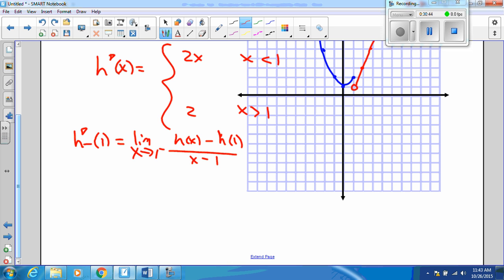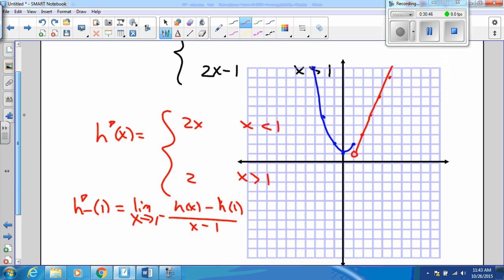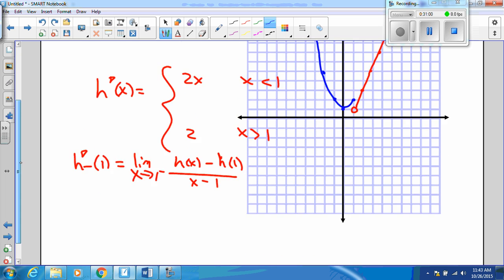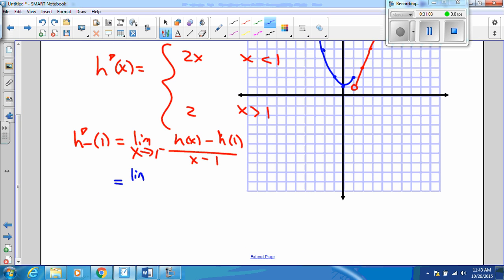All right, and now we're going to go fill in values. For h of x, because I'm going from the left, I'm going to take the piece that applies when x's are less than 1. And that piece is x squared plus 1. Just like that.